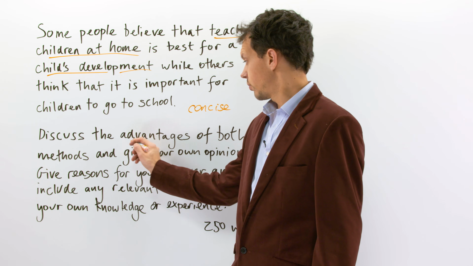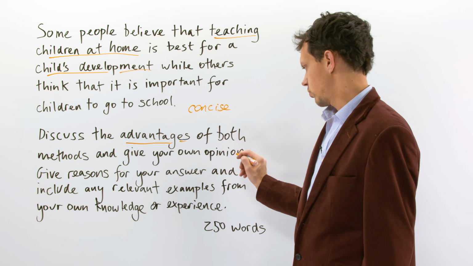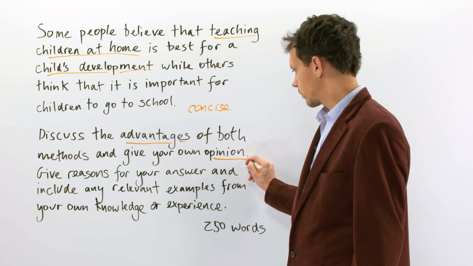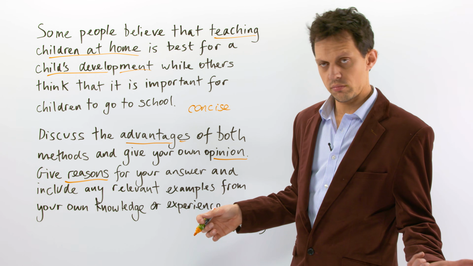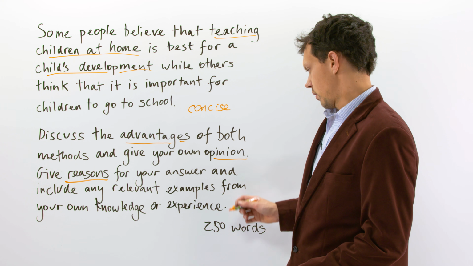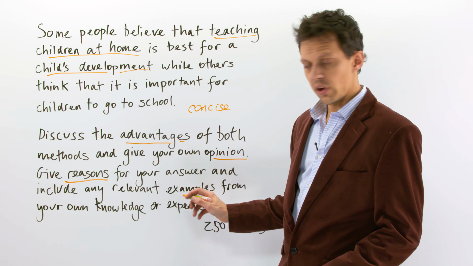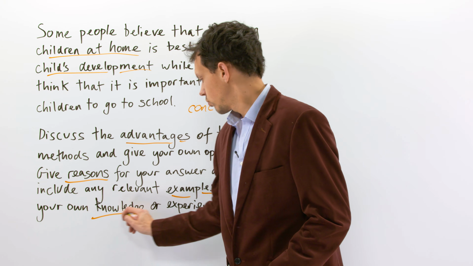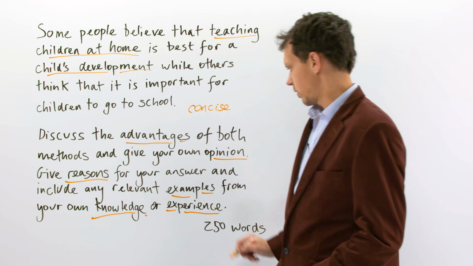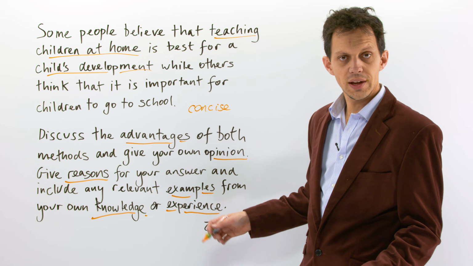So keywords here, I would say advantages, opinion, reasons. Well, obviously we'd put reasons. It doesn't need to tell us to do that for your answer, and include any examples from your own knowledge or experience. What do you think and why?